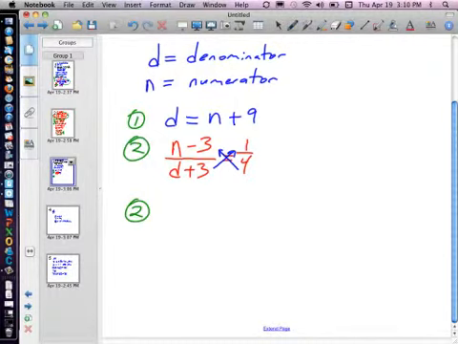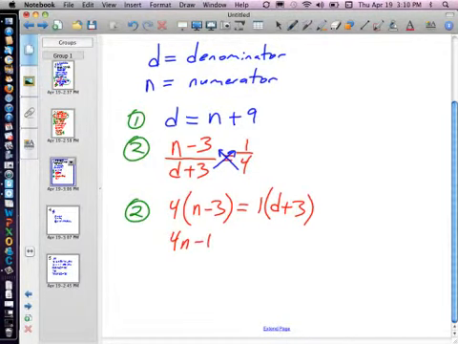So we can do 4 times n minus 3 is going to equal 1 times d plus 3. And I can simplify that before we get started. So 4n minus 12 is going to equal d plus 3.